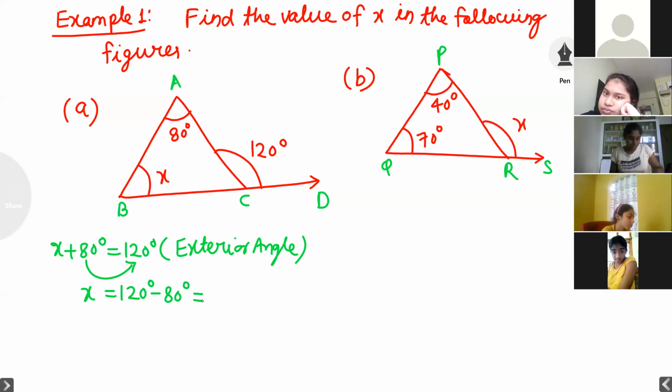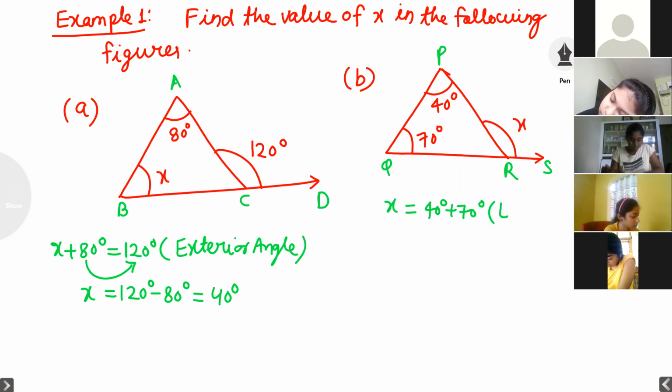Answer is 40 degrees. And the second question, outside angle x is equal to the sum of the inside angles, 40 plus 70. Why are we writing this? Exterior angle property. x is equal to 110.